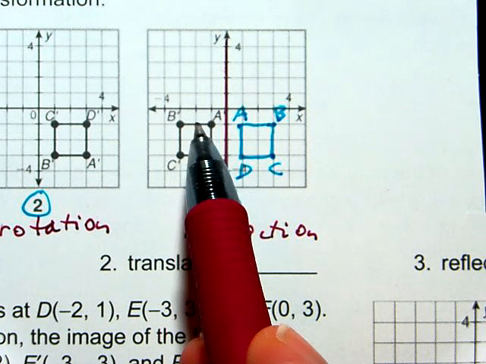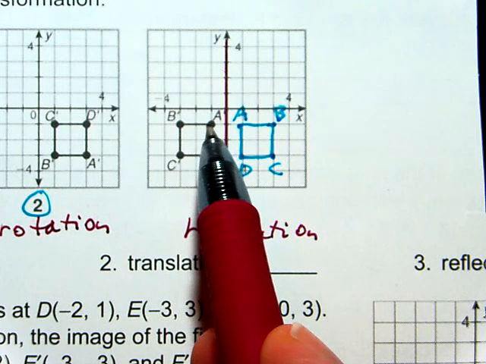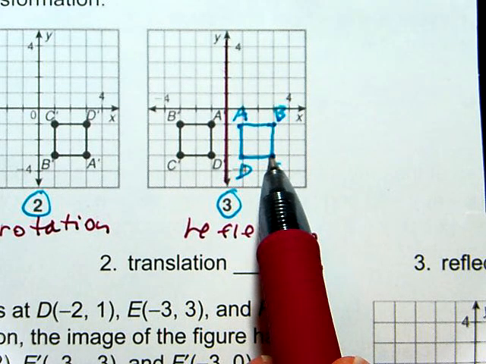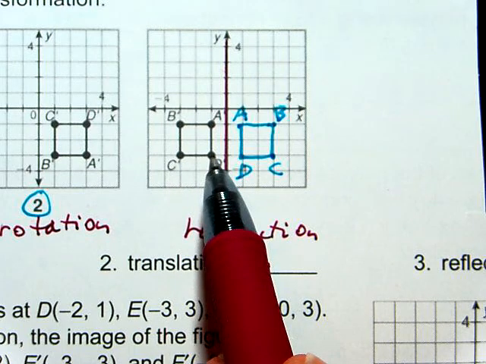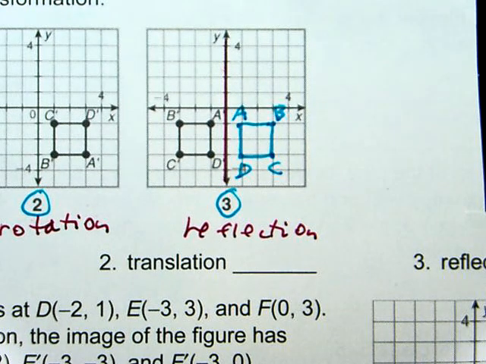The distance between B prime and the mirror is 1, 2, 3. And the same thing for C and C prime. C is 1, 2, 3 away from the mirror, and C prime is 1, 2, 3 away from the mirror. That is always the case in a reflection. The points of the image and the points of the pre-image are always the same distance from the mirror, except they are on opposite sides of the mirror.